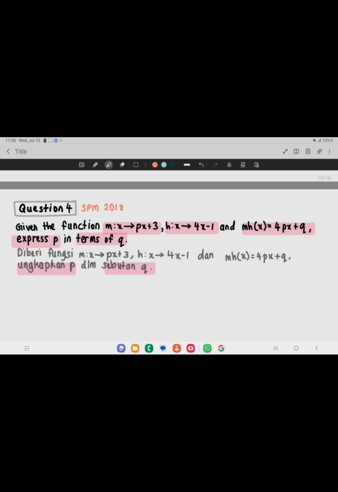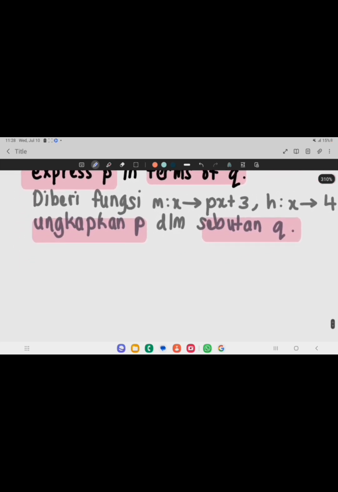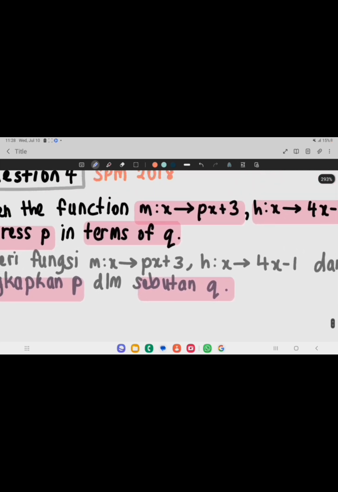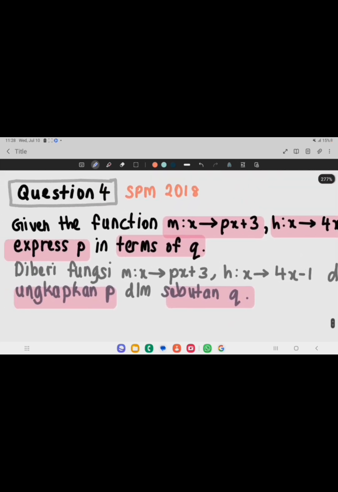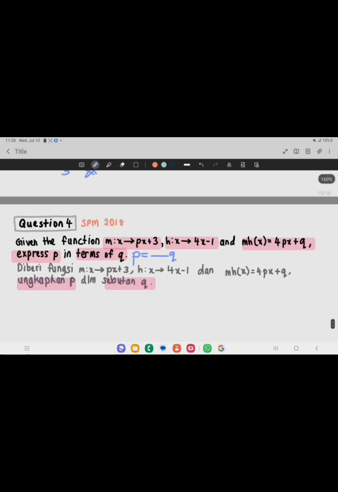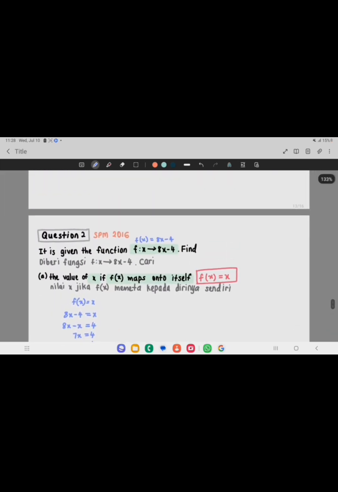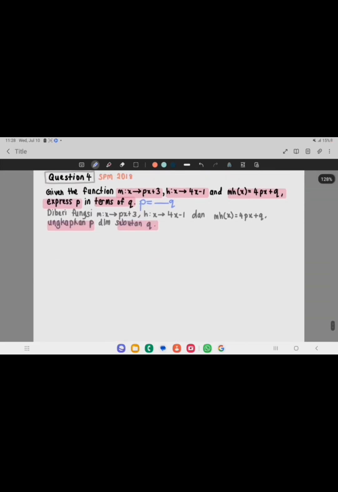You must understand what this means. Express p in terms of q means your final answer must be p is equal to something something q. This is what they mean by express p in terms of q.